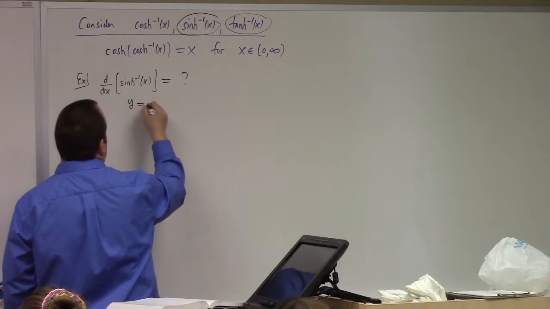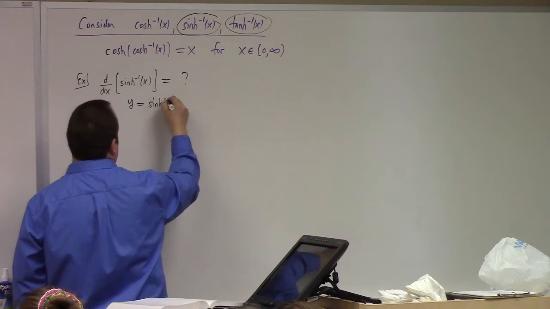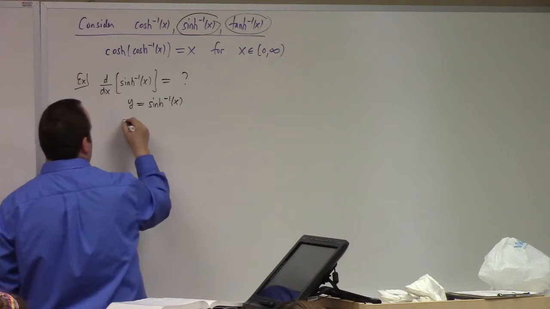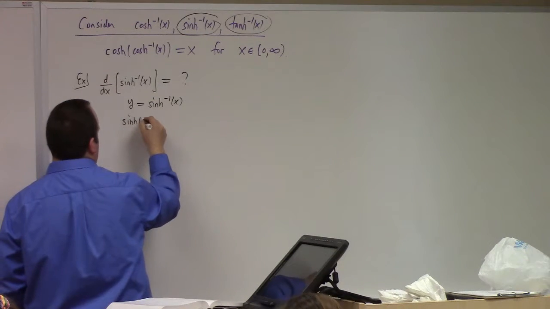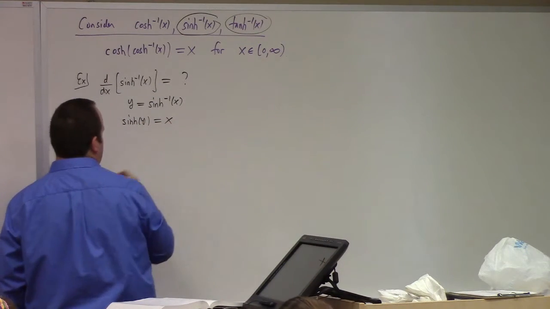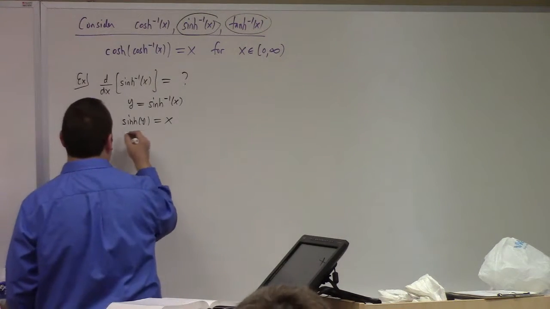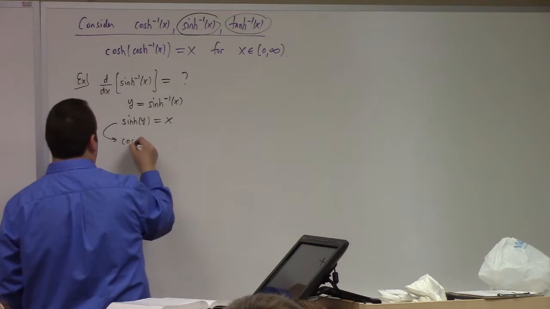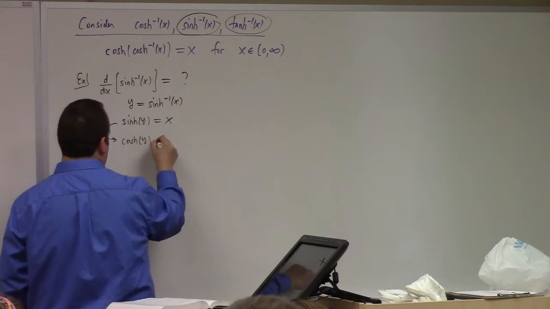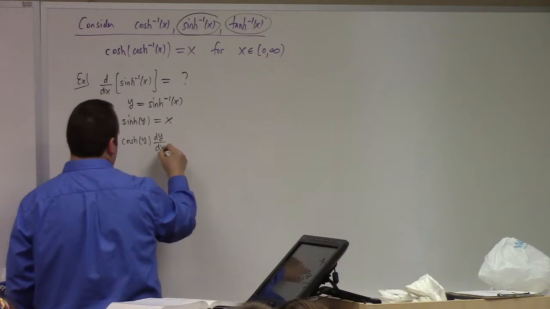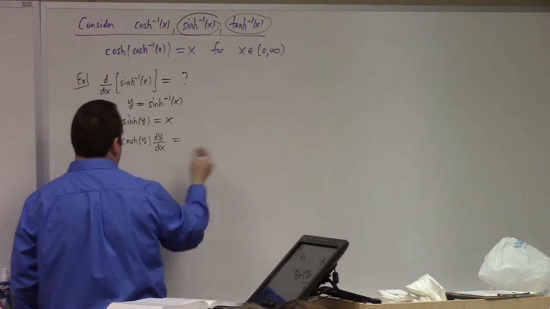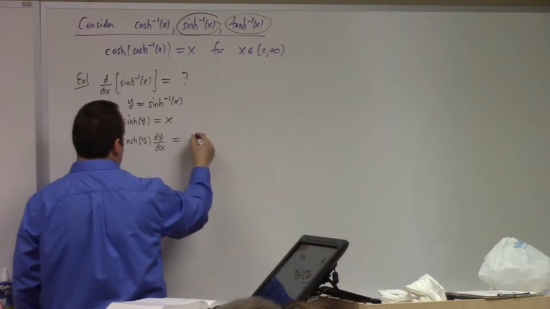Y equals inverse hyperbolic sine of x. So sinh of y is equal to x. We do then what? Hyperbolic cosine. Derivative of x is 1.